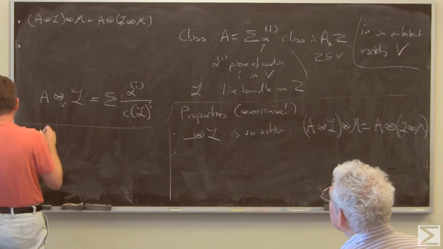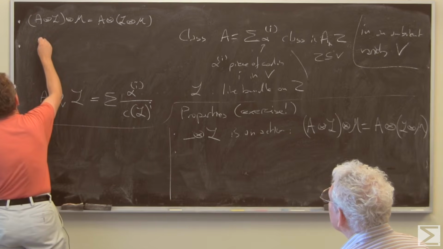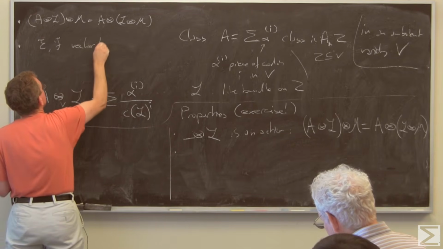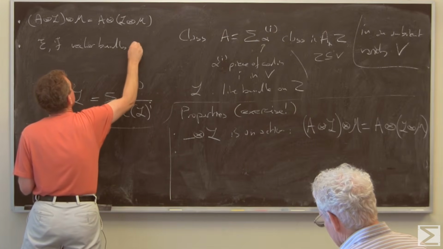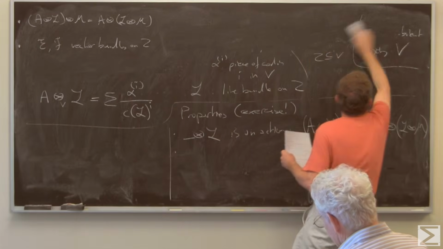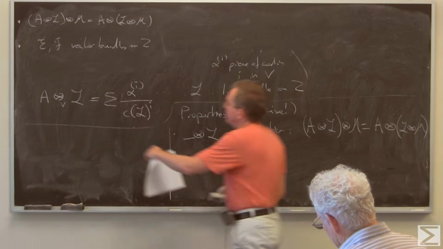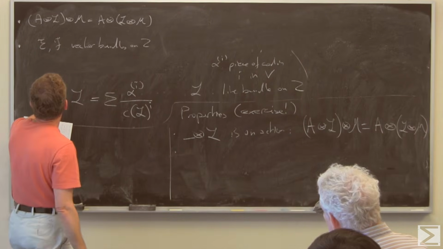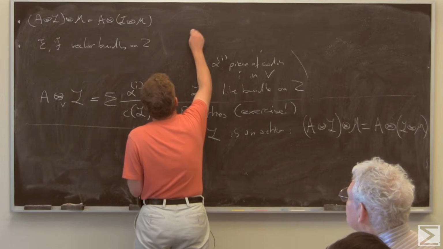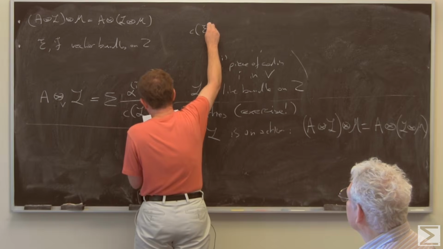Second property would be, now suppose that you have vector bundles around. E and F are vector bundles on Z. I claim that this tensor is compatible with tensoring the vector bundles by the line bundle. And there's a little twist in the story.